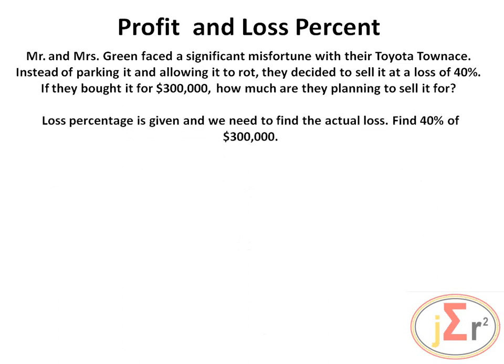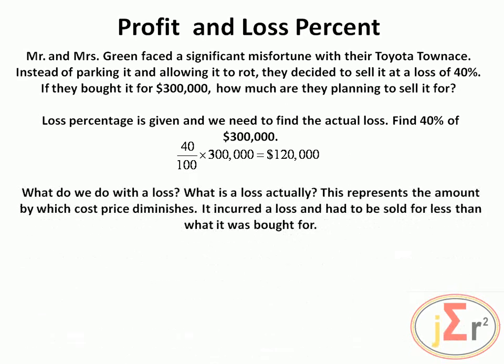So the loss percentage is given, and we need to find the actual loss. So find 40% of 300,000. That's 120,000.